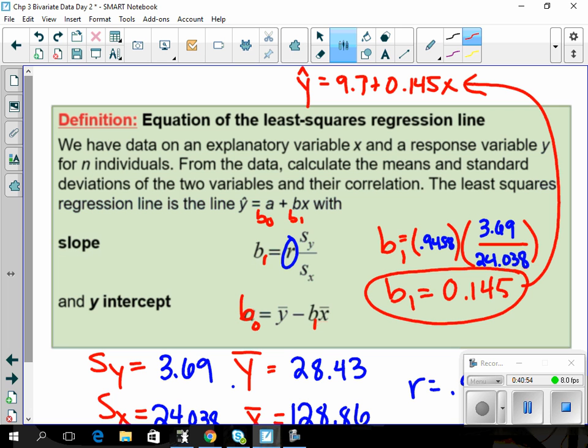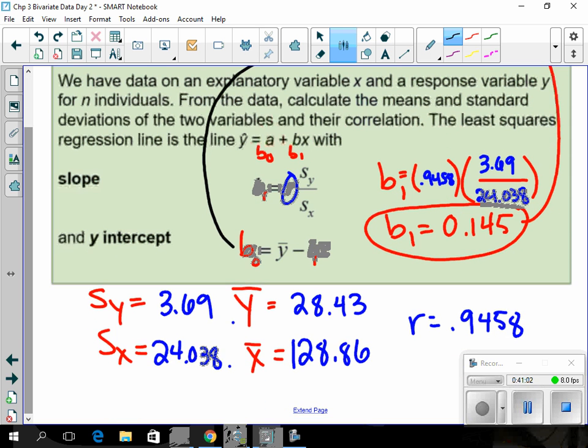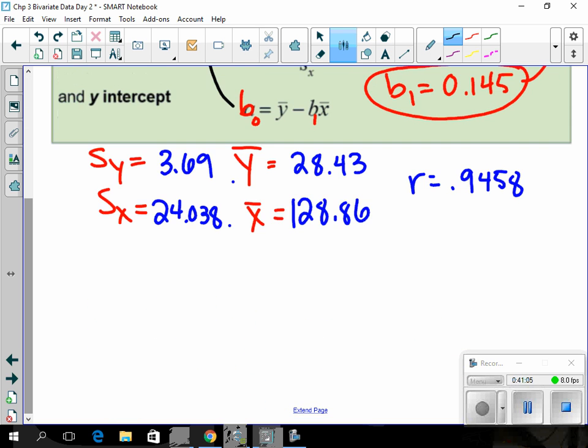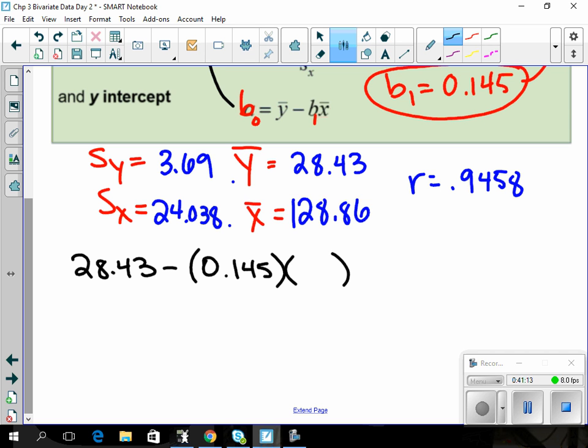How do I get 9.7? Excuse me. 9.7 is by using this formula. So we're going to plug in the y bar, which is 28.43, minus what we just found times our x bar.